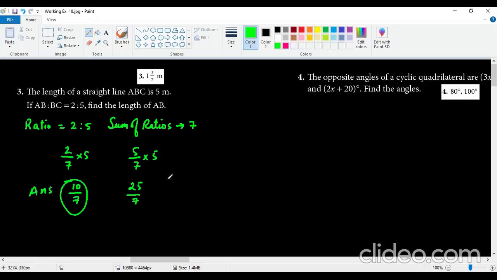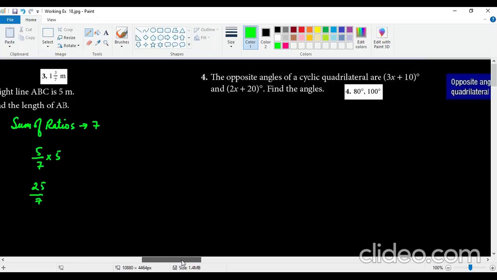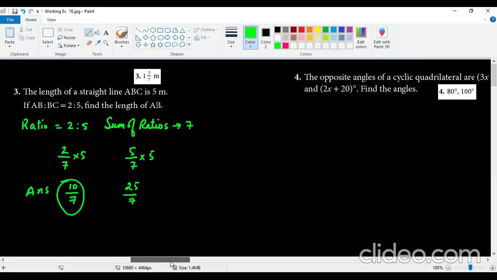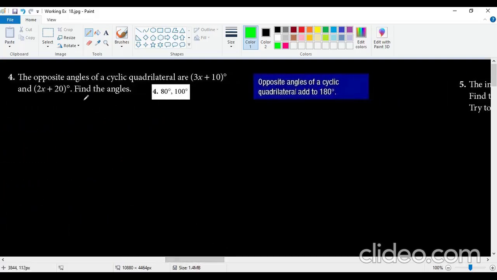If you convert this into a mixed fraction, it gives us 1 whole 3 over 7. Moving on to question number 4, it says there are two angles, and when added together they give us 180, because opposite angles of a cyclic quadrilateral add up to 180. That means 3x plus 10 and 2x plus 20, when added together, give you 180.